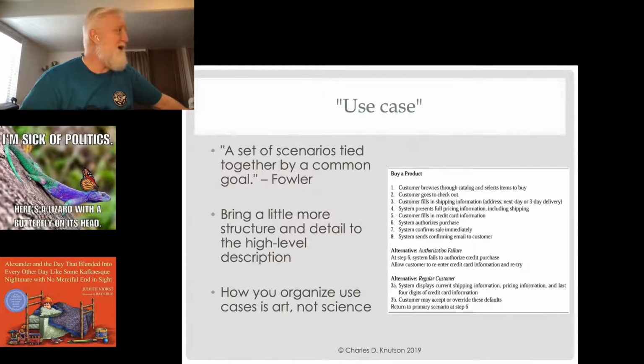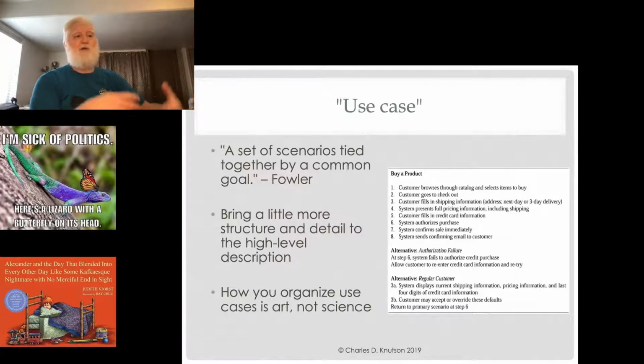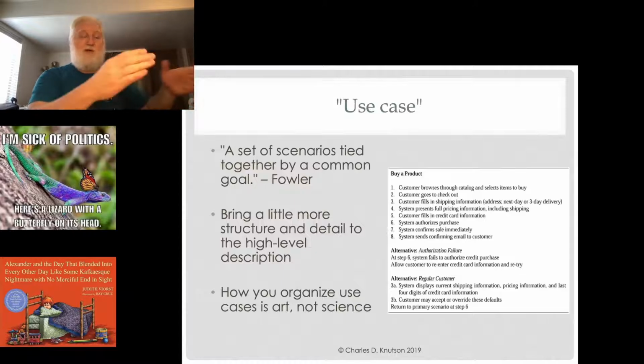I just want to walk through it. The idea is that it can be a set of scenarios tied together by a goal. Like I show up, you could have a person who shops a certain way, a person who purchases a certain way, and each of those could be scenarios. And then a use case could be a person who shops this way and purchases that way, gets 3 items, and that's your use case.